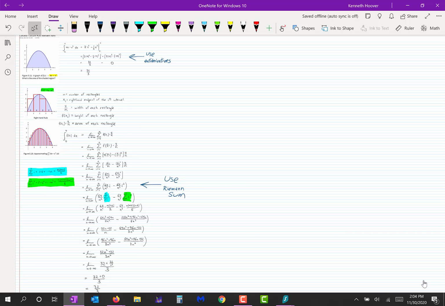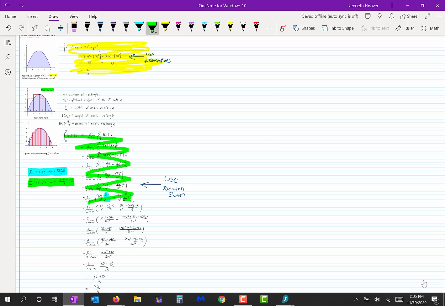The reason I showed it to you is because, and here's what's really important, I want you to understand that when you use antiderivatives and you do the problem this way, up here, the math is doing all of this behind the scenes.